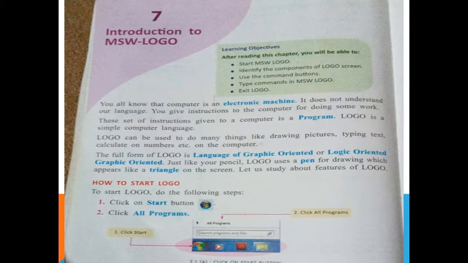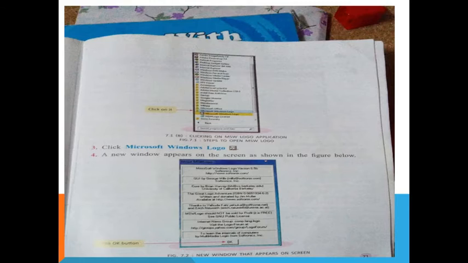Okay, how to start, how will you go to MSW Logo? Let's see. To start Logo, do the following steps. First step, click on the start button. Here we have already shown the start button on the left side of the computer. Click all programs. If you follow the given instructions, you will learn easily.